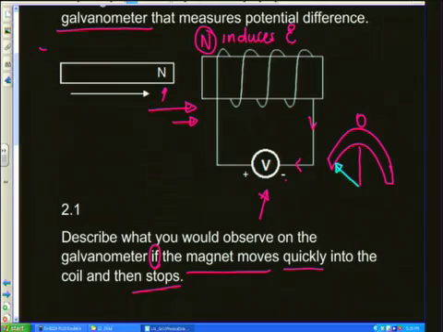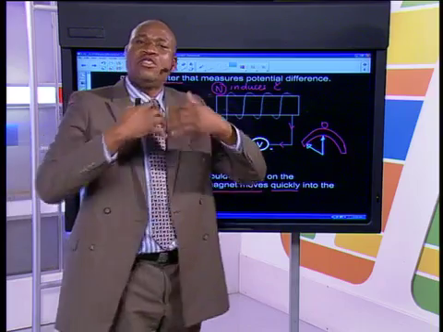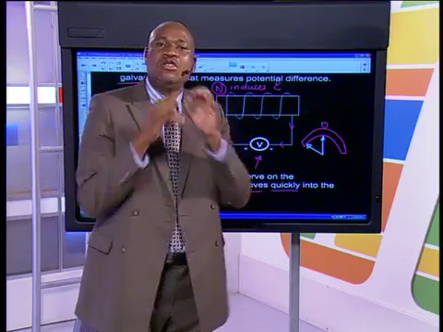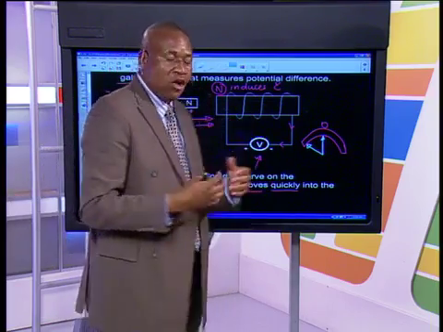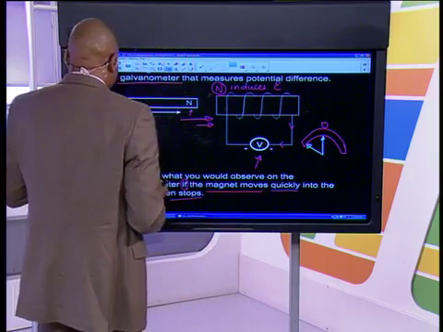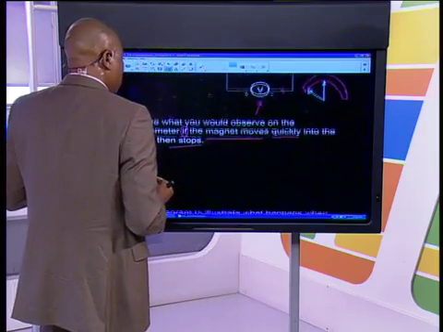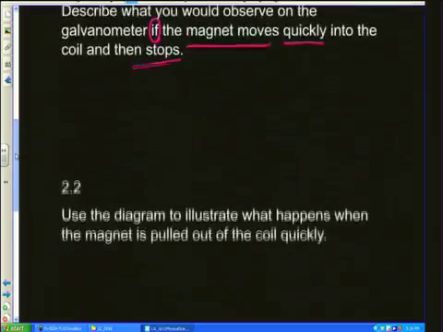It will first go that way. And when this thing stops, because we're told it stops, then it will come back to what? To point at 0. Remember that without that relative motion, there is no EMF that can be induced onto your coil or your conductor. All right. So that's what we are going to see happening there.